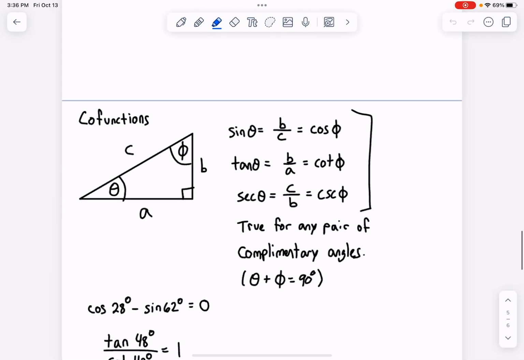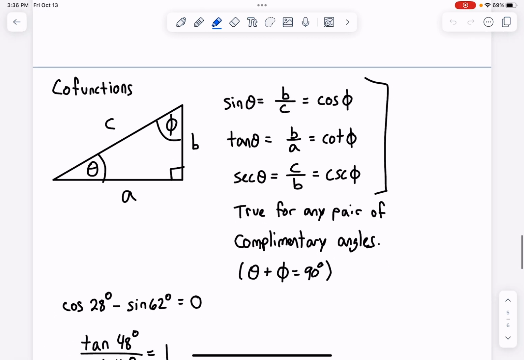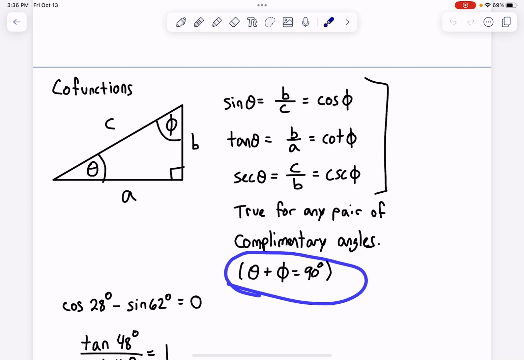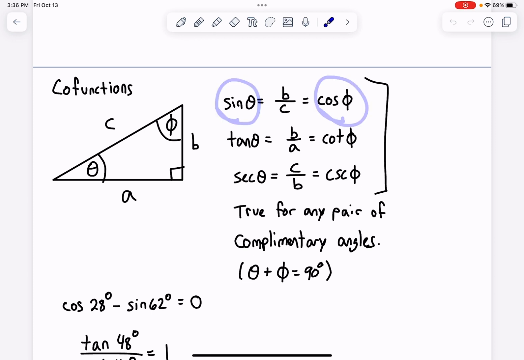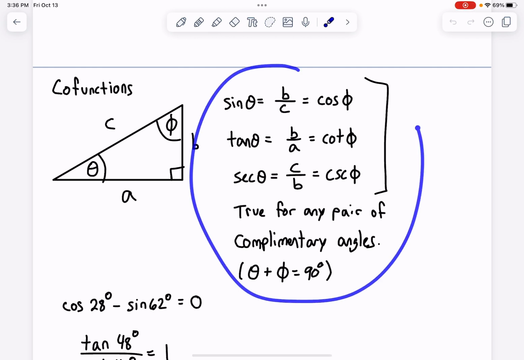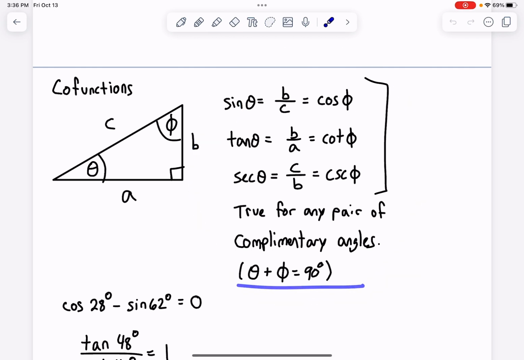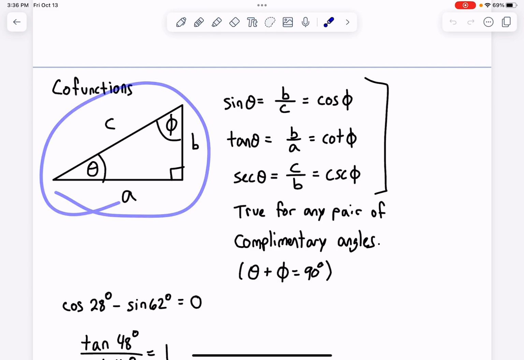Yeah, this idea of cofunctions. Cofunctions are angles that add to be 90 degrees. And what we found was that sine of that angle and cosine of its cofunction angle, in other words, 90 minus that angle, have to be the same. Well, another way of saying this is that sine of this angle is equal to cosine of 90 minus that angle. And so in a right triangle, that would always be true.